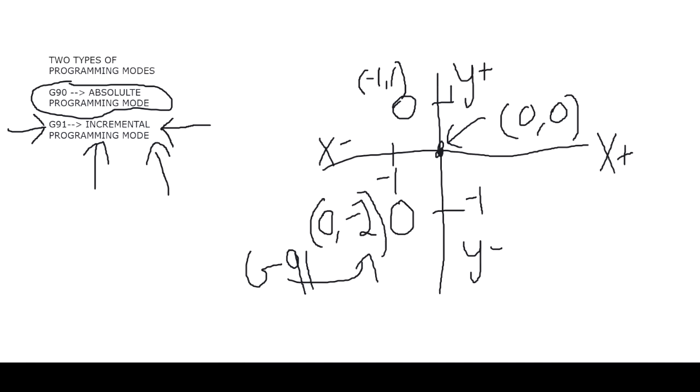You can think of G91 incremental programming as a restart of 0. The machine's going to move to whatever coordinates you tell it, but from the last point plotted. So you think of incrementally as a restart. So wherever your first point is, that is going to be 0 for your next point.